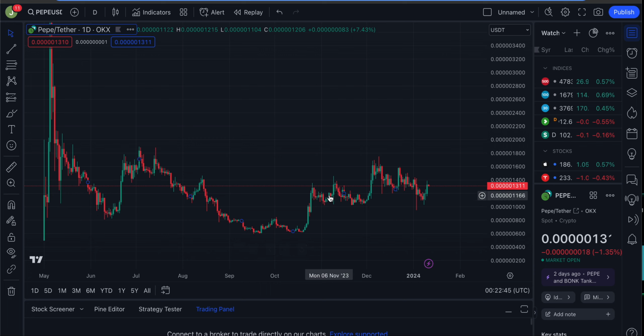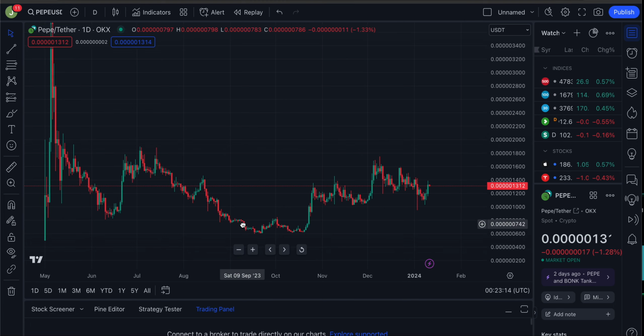When it gets to this range again, all these people that bought at this price, whatever this is, 0.000014, bought it here expecting it to go up to this price range, and it didn't make it. Other people sold it off, and so the price dropped.